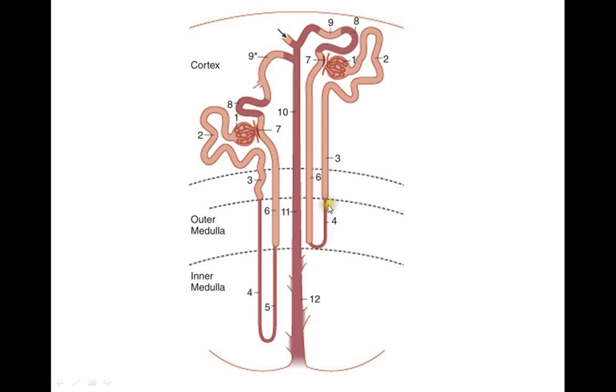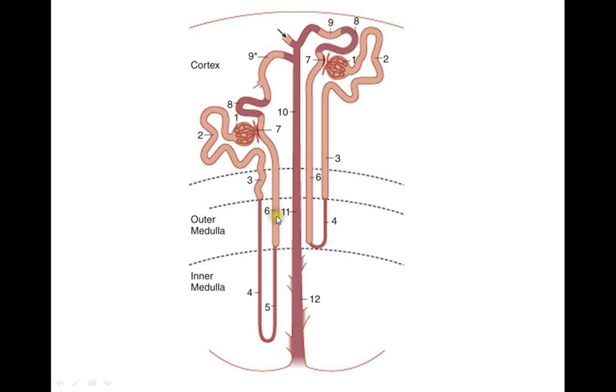In short loop nephron, number 4, which is thin descending limb, is connected directly to number 6. But here, in long loop nephron, after number 4, we have number 5 and then number 6.